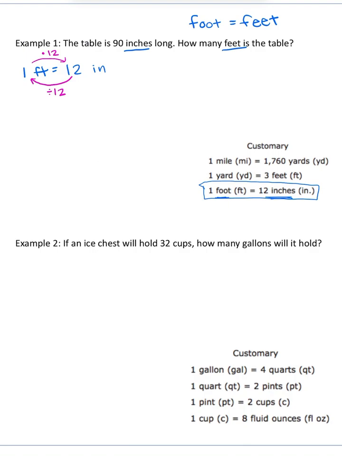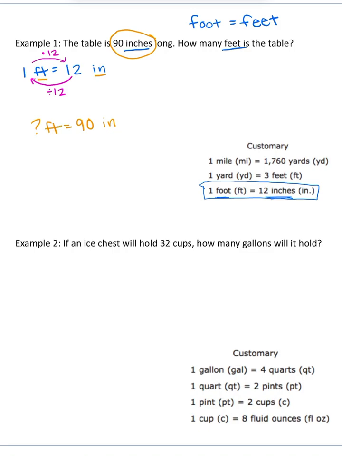So now I can look at my question, and it gave me 90 inches. So if I'm looking here, I have inches and feet, so I need to write the 90 on this side, 90 inches. And I want to know how many feet is that? So question mark feet.